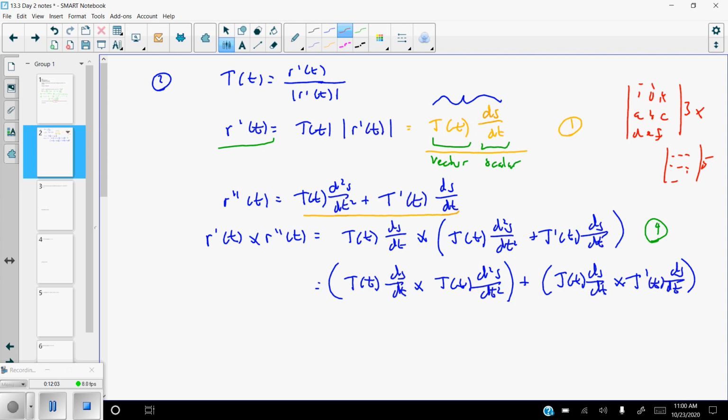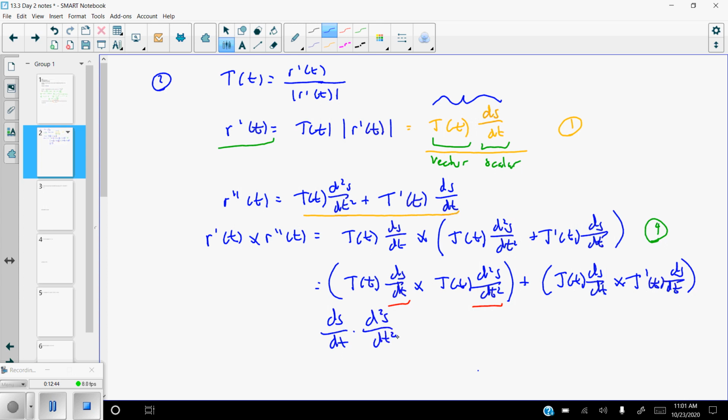I think I'm kind of messing that up just a little bit there, because the cross product is what I have in there. Probably would be best just to let you know that I can multiply when I take out the ds dt and the d squared s dt. It's not factoring, so don't think of it as factoring. I'm literally multiplying this times this, and then I'm doing the cross product of T and T. So really what this is going to give us on the outside here is ds over dt times d squared s over dt squared.